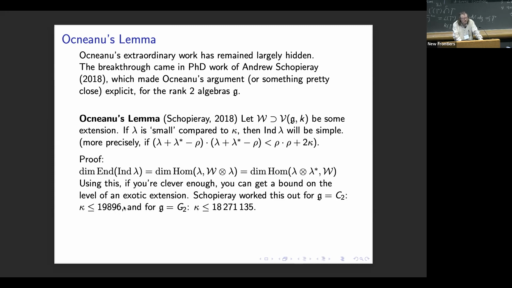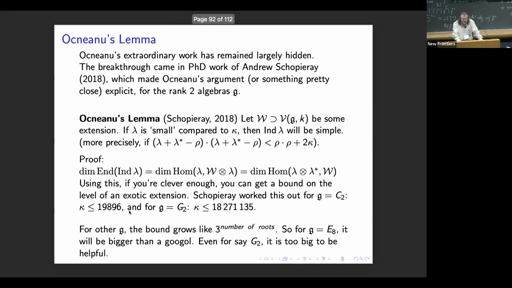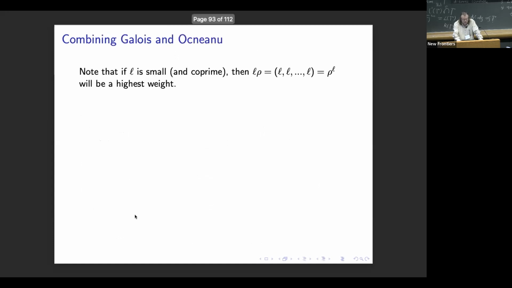And similarly for C2. And similar arguments, they weren't fleshed out, but it's clear that they will work for other algebras. And Andrew's estimate is the bound grows like 3 to the power of the number of roots. So for E8, for example, it's going to be a googol. So even for G2, this is hopeless. These numbers are hopeless, but it's really significant. It tells you that it's a finite problem. There's only finitely many exotic quantum subgroups.